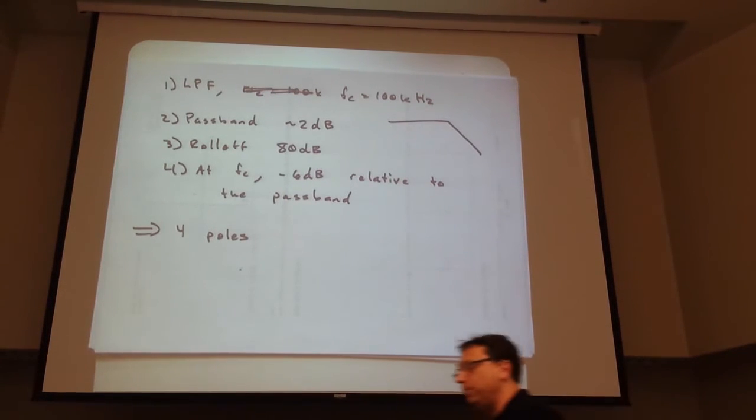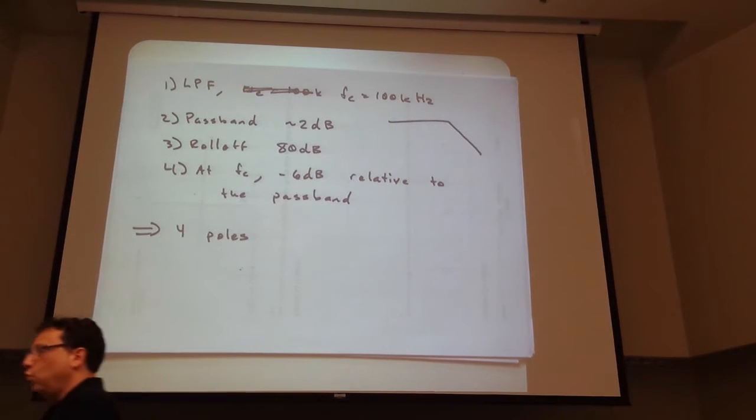If we have a quadruple pole, relative to our normal straight line approximation, what would be the correction at the cutoff frequency of the pass band? Minus 12.